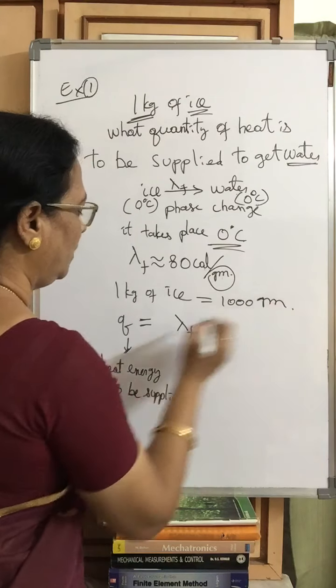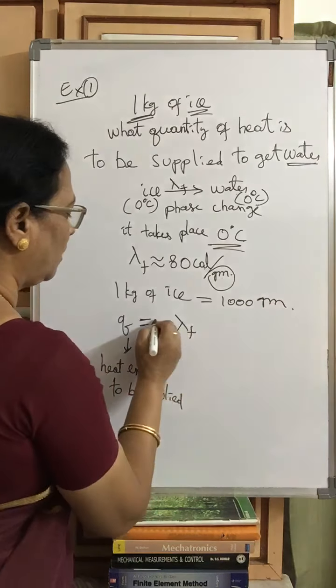You convert into 1000 grams, because this is per gram, so you take the mass here. So 1000 into 80: grams times calories per gram, you will get 80,000 calories. This is the latent heat calculation.